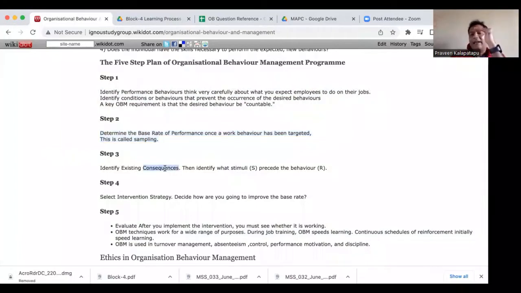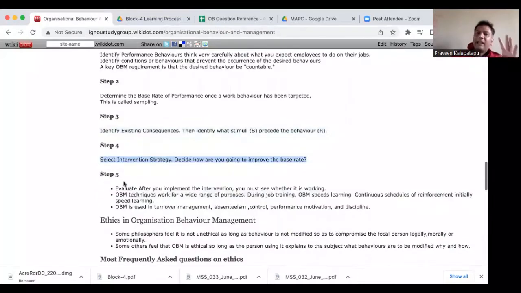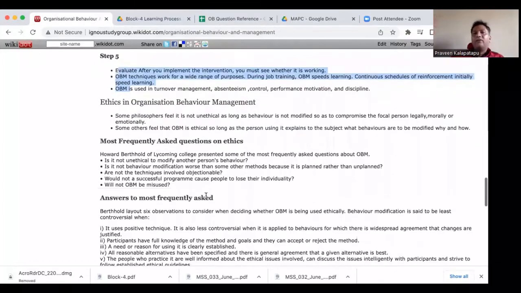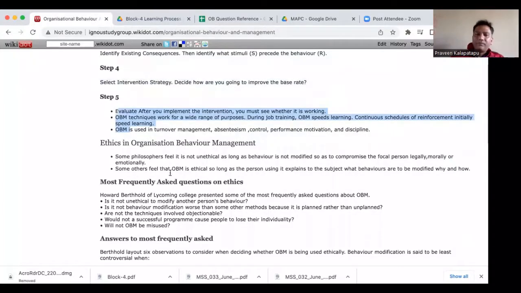Put up a baseline. Next, going into the consequences. So you inquire why, then you strategize, and then evaluate, so that it really makes a difference. As you evaluate, you get to know whether your techniques are working or not. Okay, so those are the 5 steps.